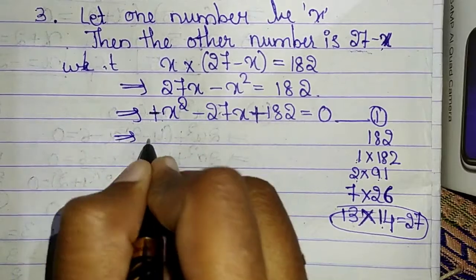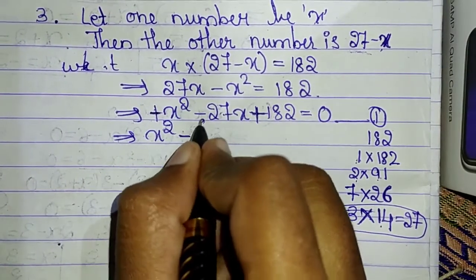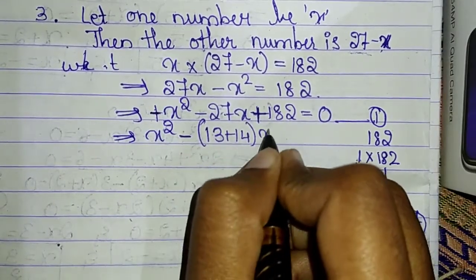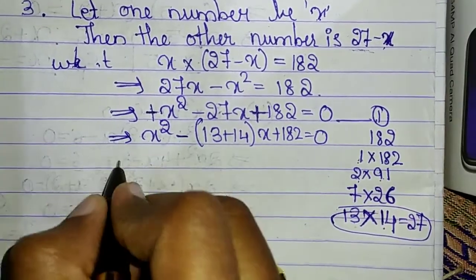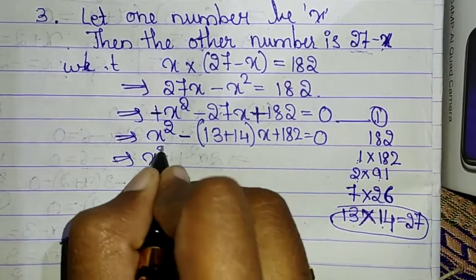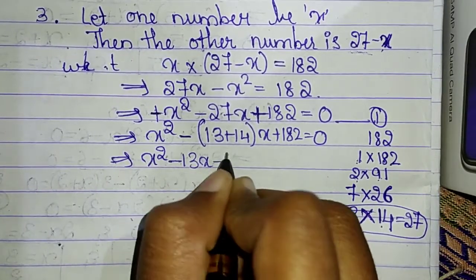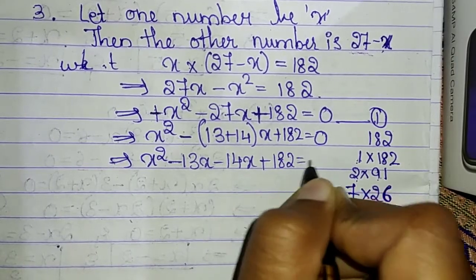So rewriting the equation using these factors, we get x square minus (13 plus 14)x plus 182 is equal to 0. So this implies x square minus 13x minus 14x plus 182 is equal to 0.